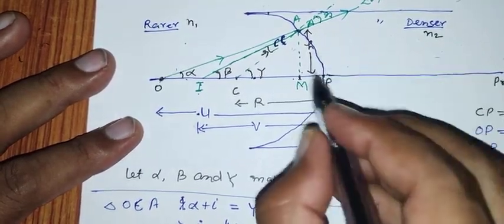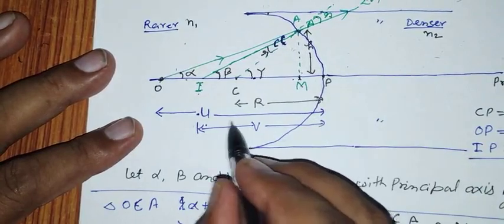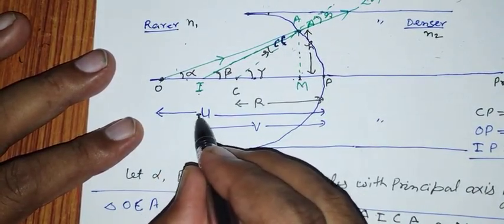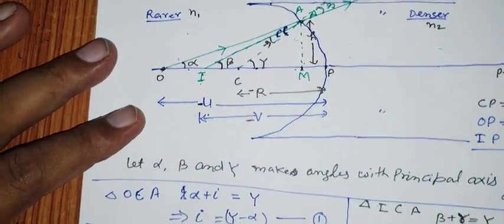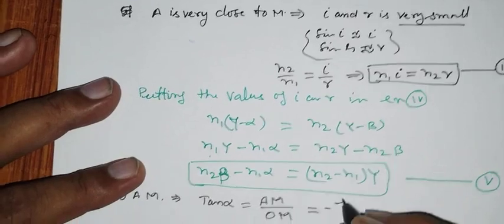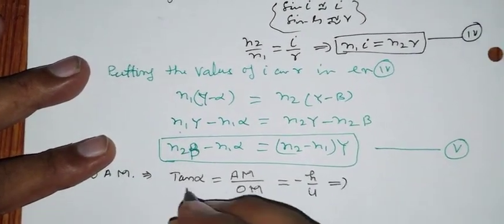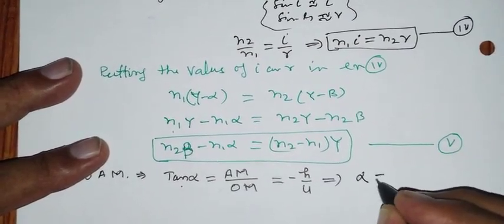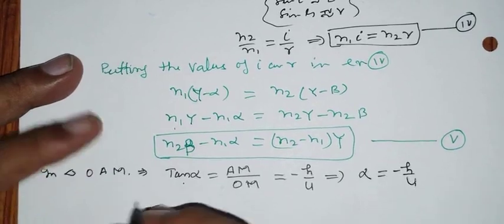Under these circumstances, this distance becomes equal to minus U. Here all are negative in sign. So it is minus H by U. Since this is very small, tan alpha can be written as alpha. It is minus H by U.